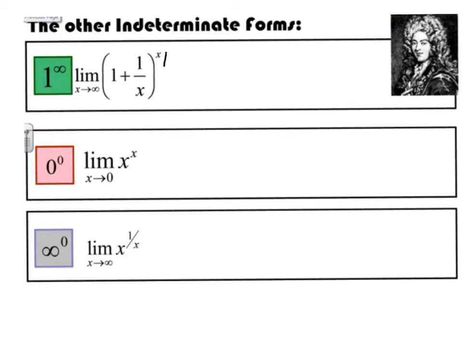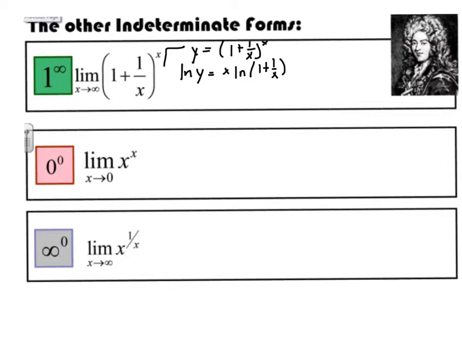I'm going to write that y is equal to 1 plus 1 over x, to the x. I'm going to take the log of both sides. Remember, log drops the exponent out front.